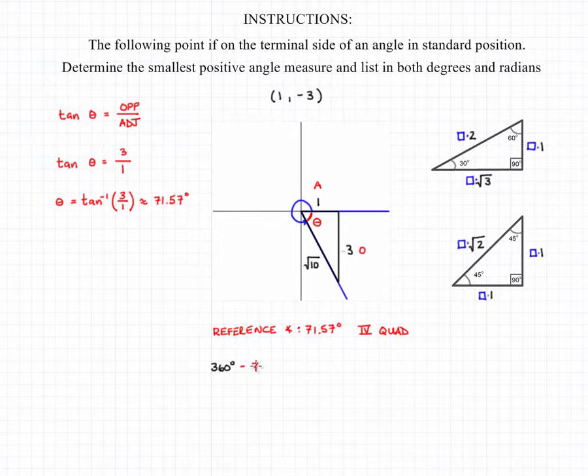So we're going to subtract 71.57 degrees, and that will give us our answer in degree form, which will be 288.43 degrees.